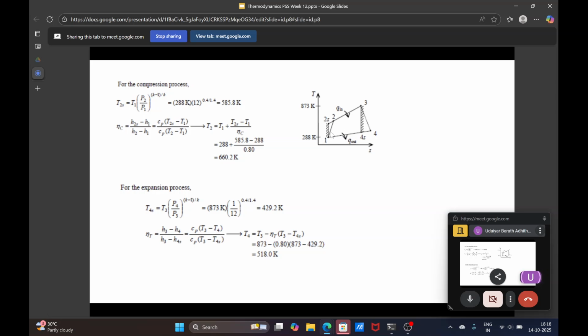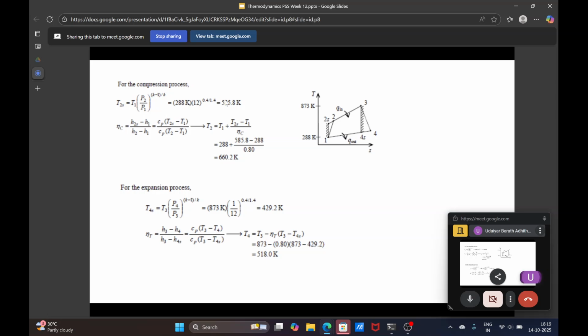So what we know is the pressure ratio. For an isentropic process, or a reversible adiabatic process, we know PV raised to power gamma is constant. So in terms of temperature, we get T2 by T1 equals P2 by P1 raised to power gamma minus 1 by gamma.